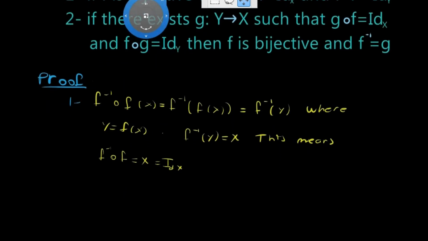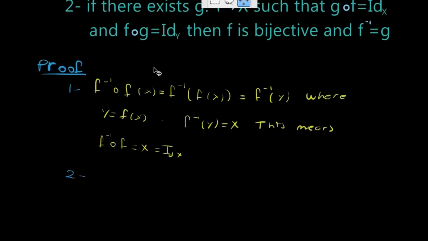Now let's prove the second one. The second one says if there exists g such that g composed with f is the identity in x, and f composed with g is the identity in y, then f is bijective, and the inverse is g. So we have a g. Let's define it first.